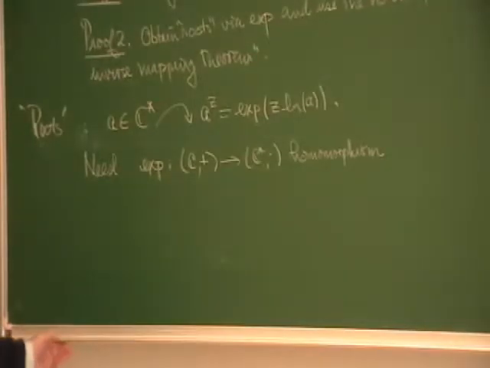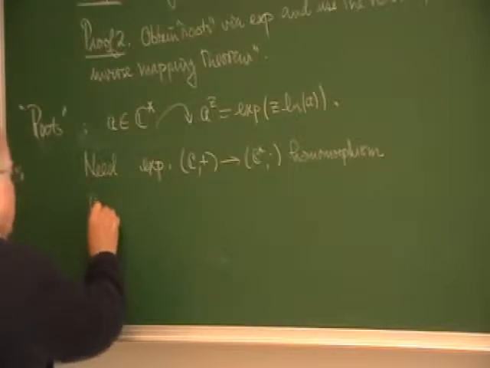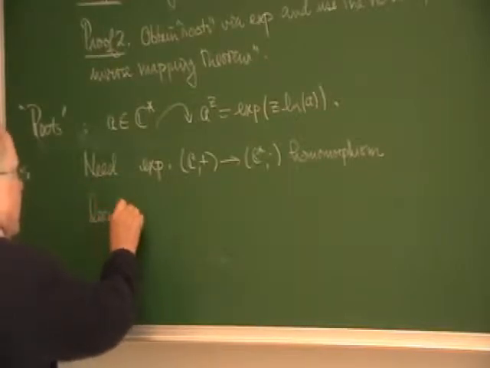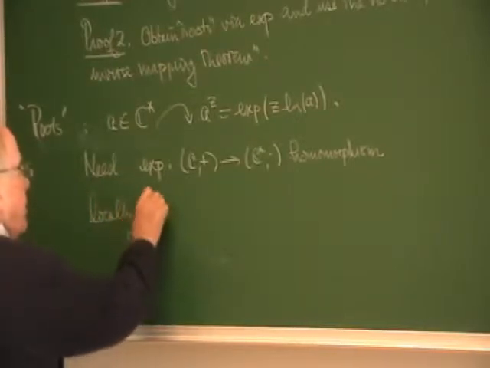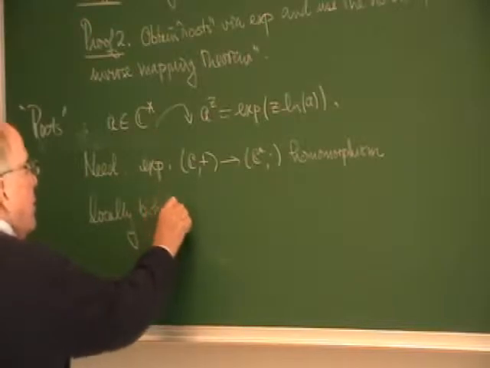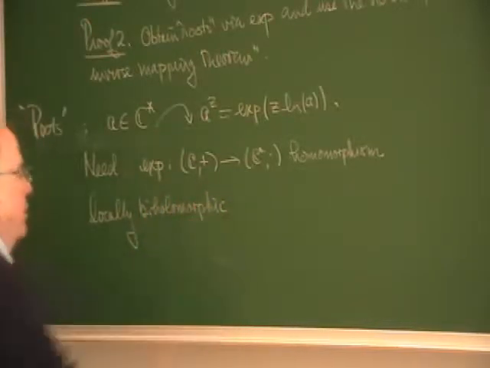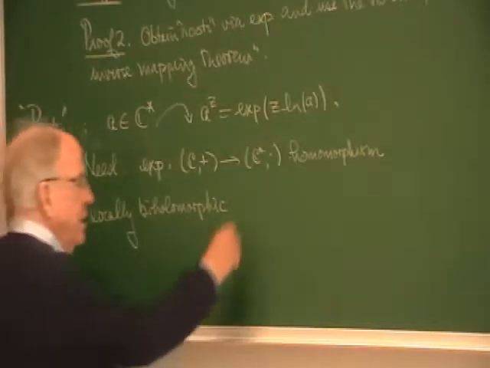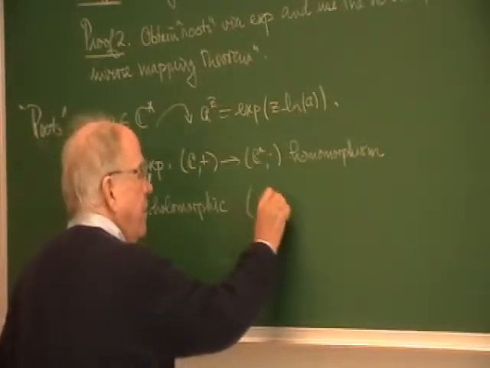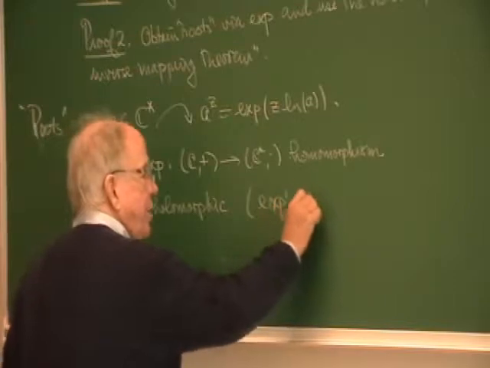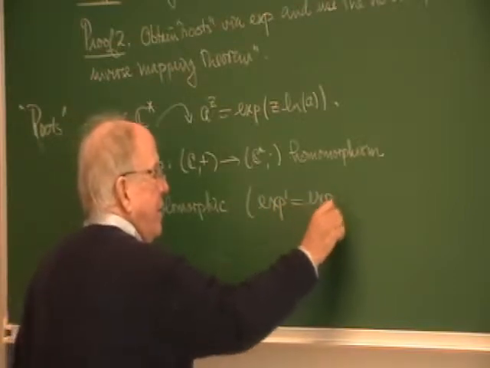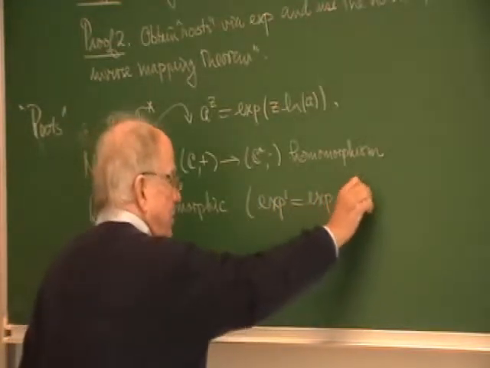Holomorphic homomorphism, globally defined, and it's locally biholomorphic. The reason is the derivative of this thing is the thing, and it's never zero.